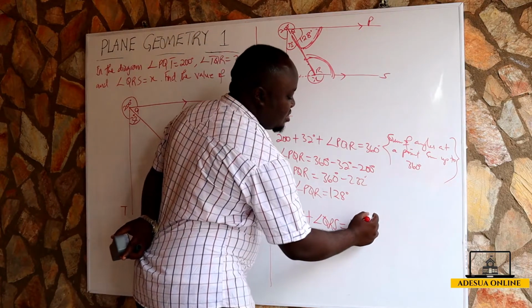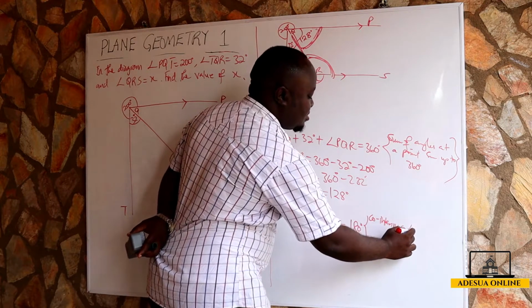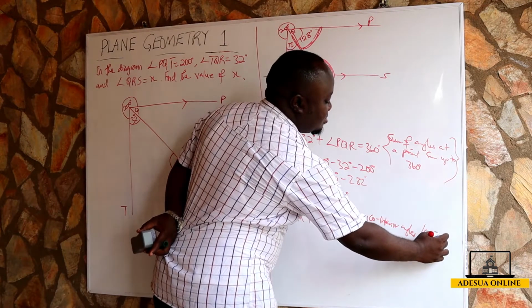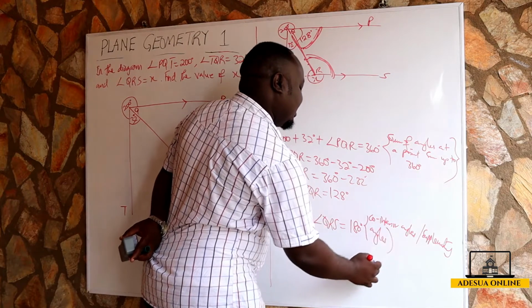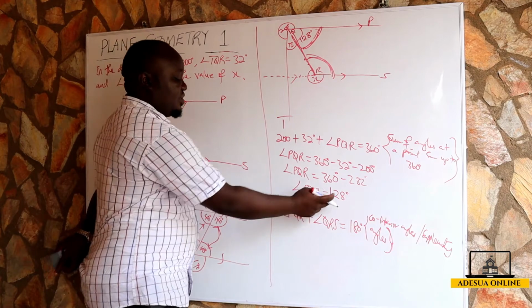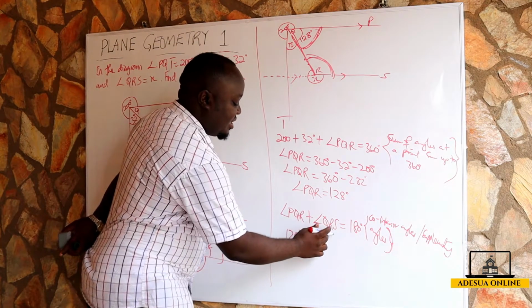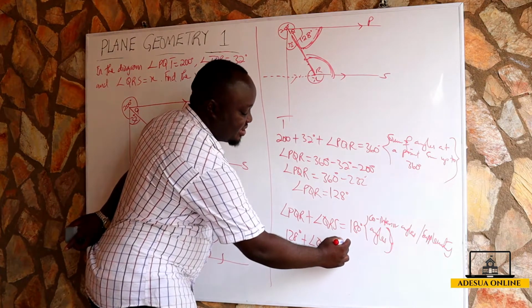Then we use co-interior angles or supplementary angles. They sum up to what? 180. So PQR was given as 128. So we have 128 plus angle QRS is equal to 180 degrees.